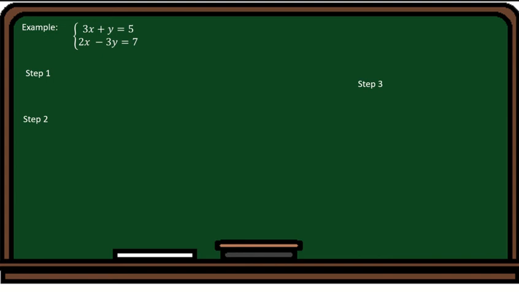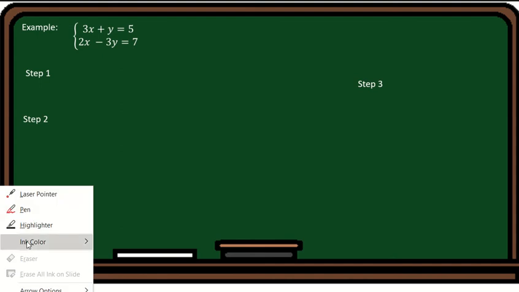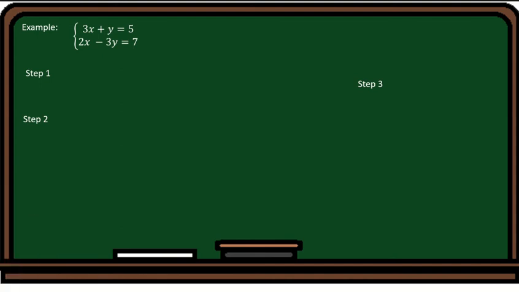So there is no need to rewrite this one to other forms. So we already have equation 1, which is 3x plus y equals 5, and equation 2 is 2x minus 3y equals 7. So naka-standard form na sila.